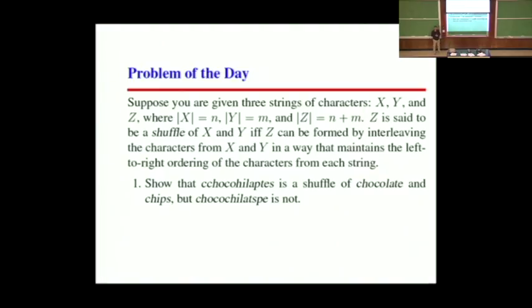Why is that? Can anybody prove to me that there's no way? P comes after S. So you're saying that I can't have chips because I've got to have a P before S. Does everybody see that? I think I agree with that, right?